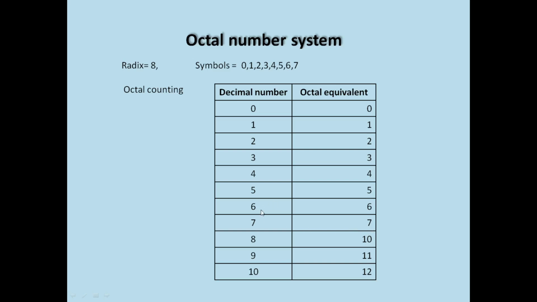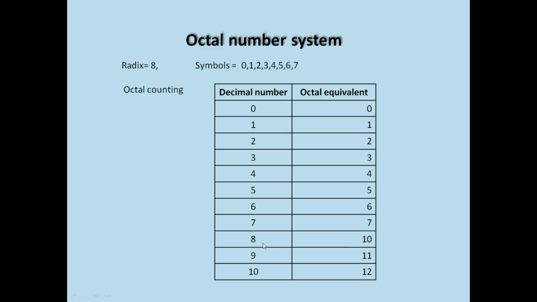That means the octal equivalent of 6 is 6 and of 7 is 7, but after that, 8 is 10 in the octal number system and 9 is 11. So here it changes. Now, how is the octal equivalent of a given decimal number calculated?